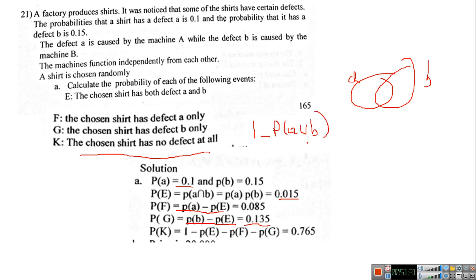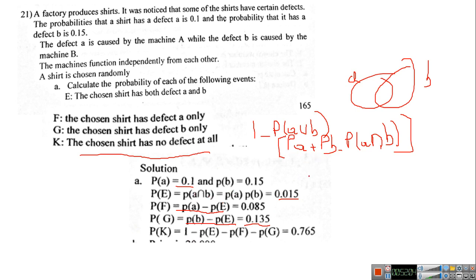Either you do 1 minus P of A union B, and we know P of A union B is PA plus PB minus P of A intersecting B. So it will be 1 minus PA plus PB.